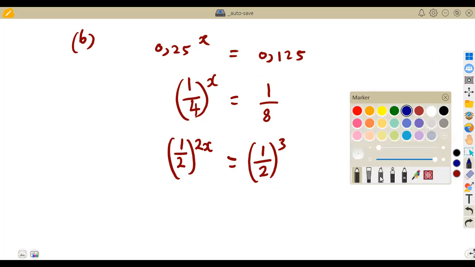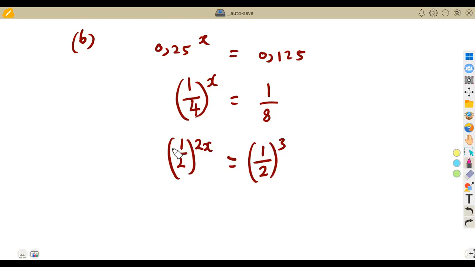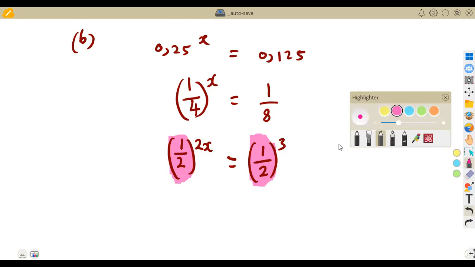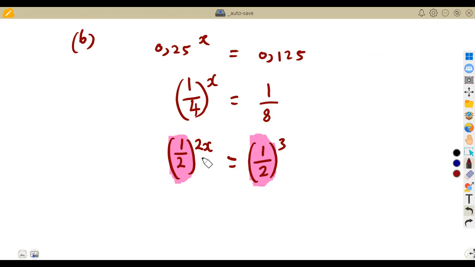And whether it's a fraction or a decimal, I said, do not consider that. What you need to consider is that these two are the same here. 1 over 2 and 1 over 2 are the same. So what does it mean? A conclusion: it means that the exponents must be equal. So our 2x must be equal to 3.